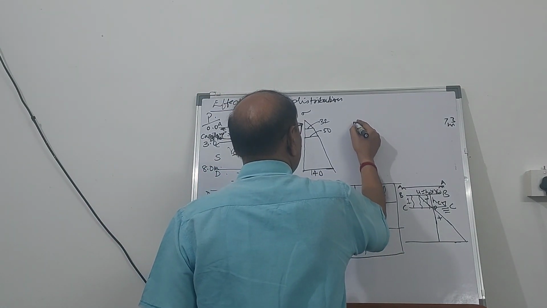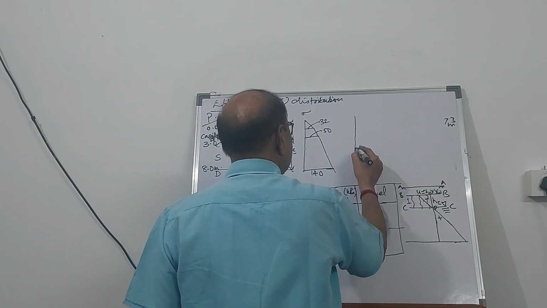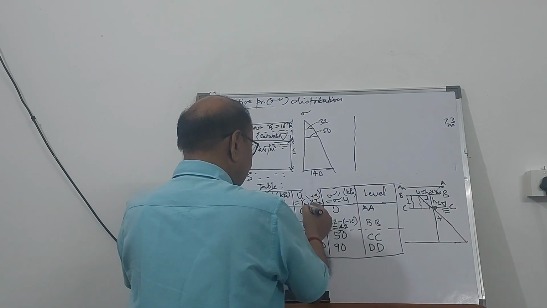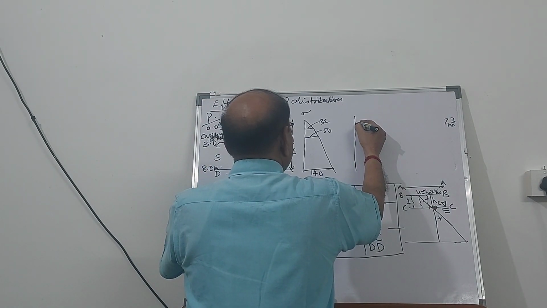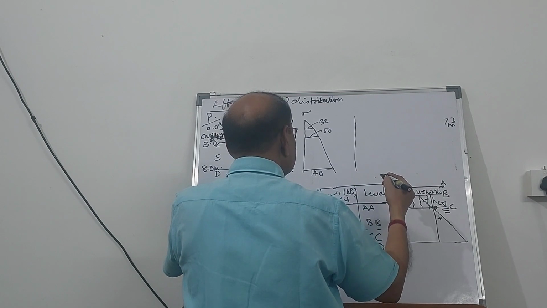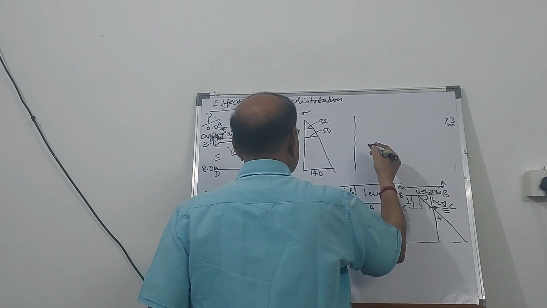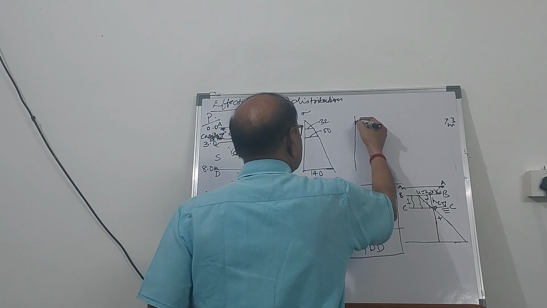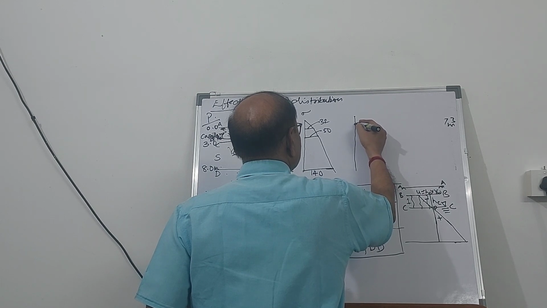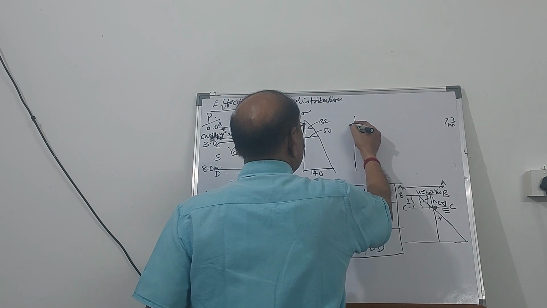Now, what is the variation of pore water pressure? This is the reference line. The pore water pressure here is 0 at the top, and 2 meter down the line, it is minus 10. So it is going to be here negative pressure, so pore water pressure becomes minus 10 here.